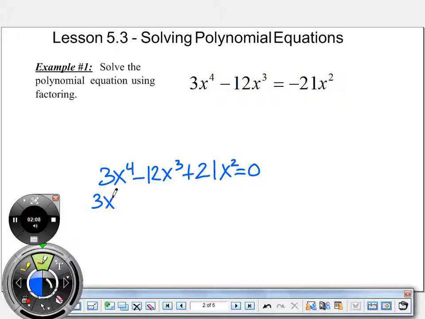Okay, good. So I can take out a 3x squared, which would leave me with x squared minus 4x plus 7. All right, can we factor x squared minus 4x plus 7?